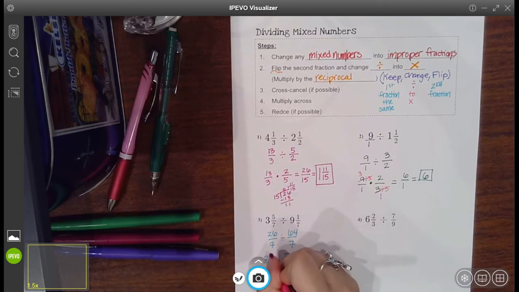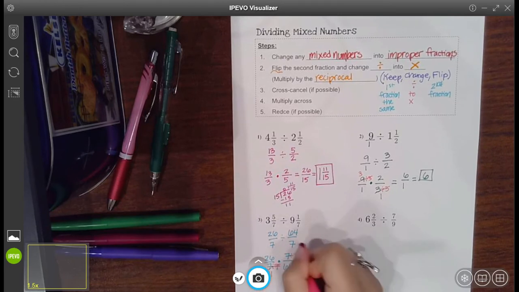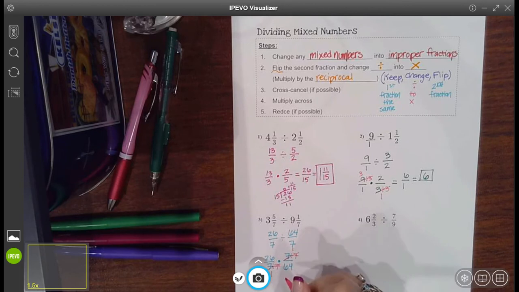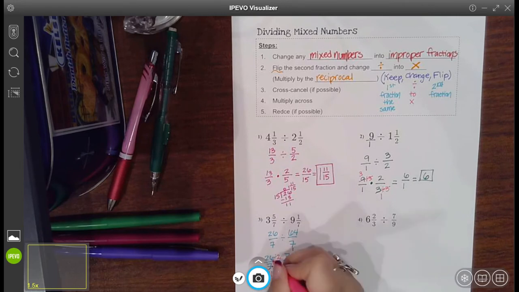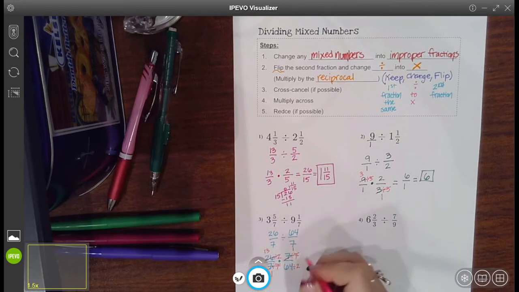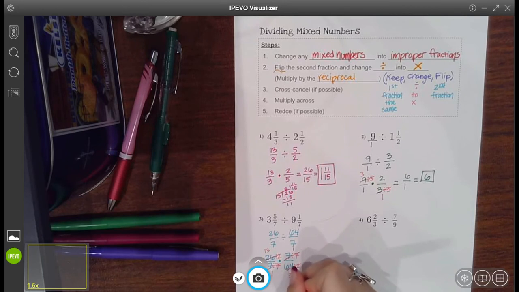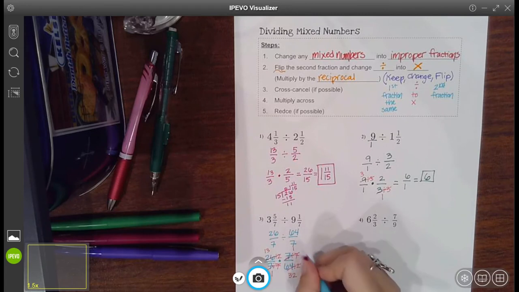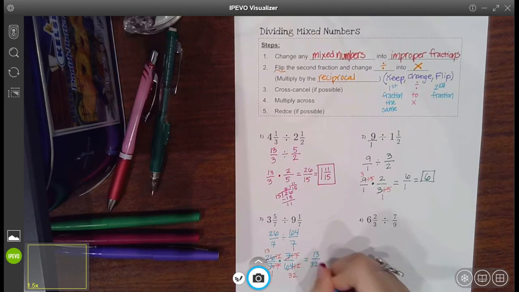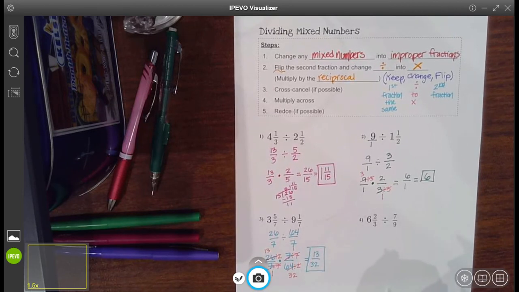Yeah, they both can be divided by 7, and anything divided by itself is 1. What can go into both 26 and 64? Well, they're both even, so 2 can go in. What's 26 divided by 2? 13. What's 64 divided by 2? 32. Now let's multiply across. 13 times 1 is 13. 1 times 32 is 32. Can I reduce it? No, because 13 is prime, and it can't go into 32. So then obviously nothing's going to be able to go into both numbers.